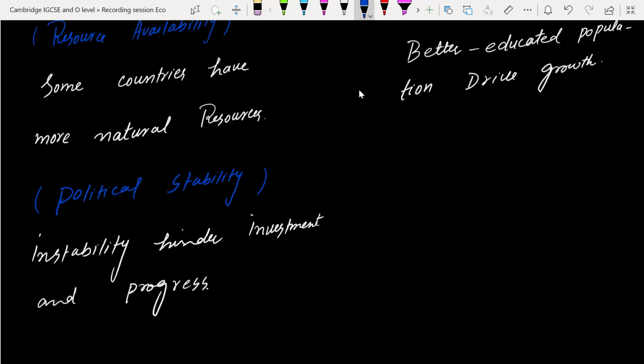Progress. Health standard also. Poor health reduces worker productivity.